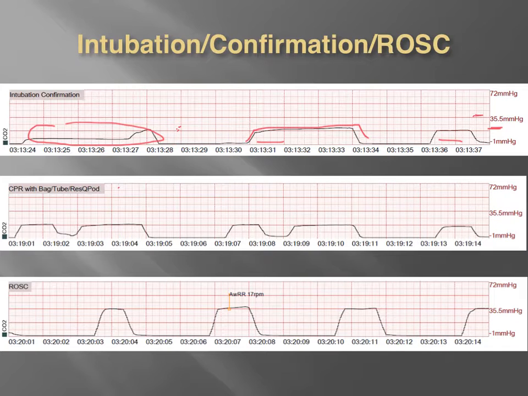And you can see there is a little bit of irregularity with whoever is bagging this patient, which is also why I really like to use a vent for that purpose, is that we can control our ventilations a little bit better. And then we know that when we're controlling our ventilations, whether it's on a patient who is in cardiac arrest or just rapid sequence intubated, we can control the ventilations.